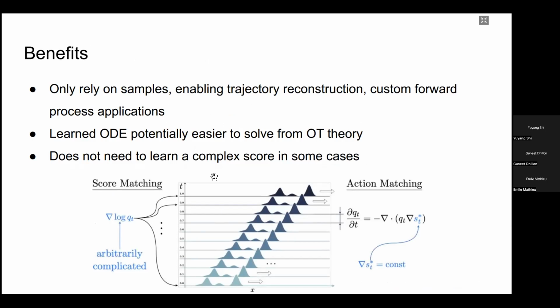The first one is that it only relies on samples at each q_t, so marginal samples. And so it enables more applications such as trajectory reconstruction. So if you don't observe any trajectories, maybe you can infer some trajectory, if the underlying trajectory is generated using the ODE, I think.